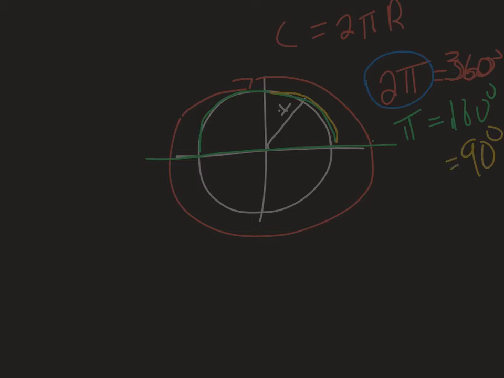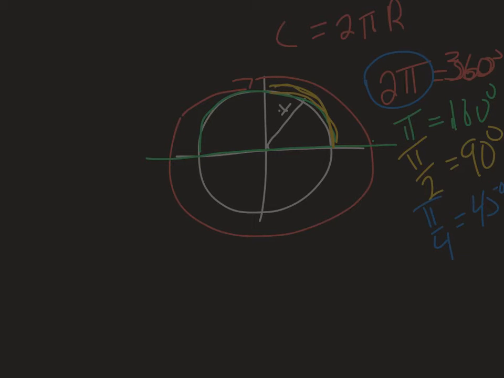And the arc length of that little chunk would be half of the green chunk, which would be pi, so pi over 2. And then I could cut that further in half, so I would have pi over 4. That's going to be 45 degrees.